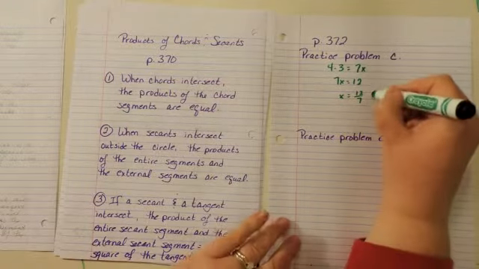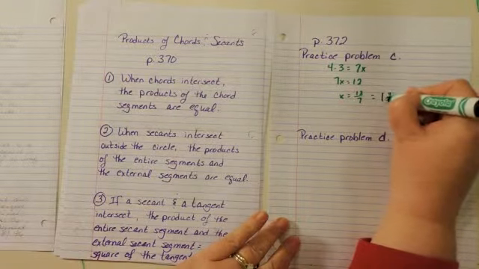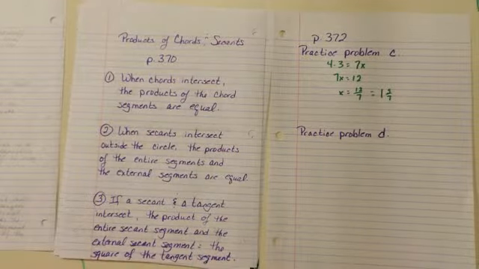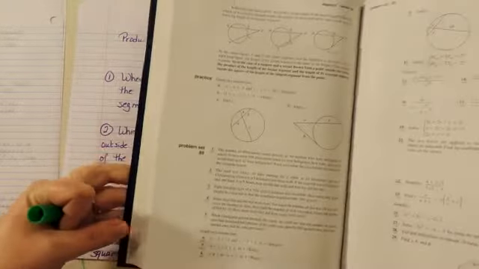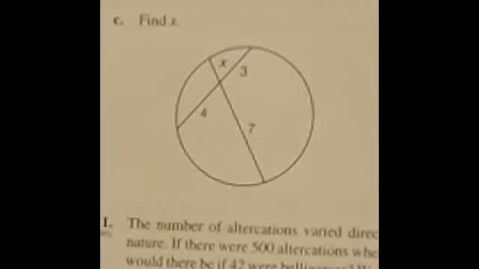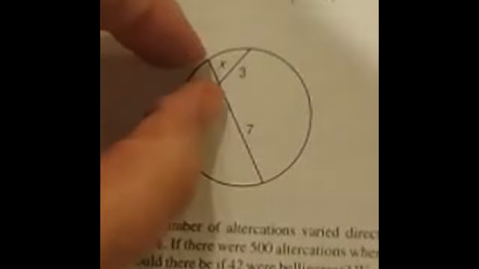Okay? If you look at this, this is 1 and 5 sevenths. And if you look back at the picture, you can see that this is a reasonable answer. X is this little segment right here. And if you kind of break this off and put it here, you can see that it's just a little more than half as long as this segment, which of course would be 1.5 because this is 3.